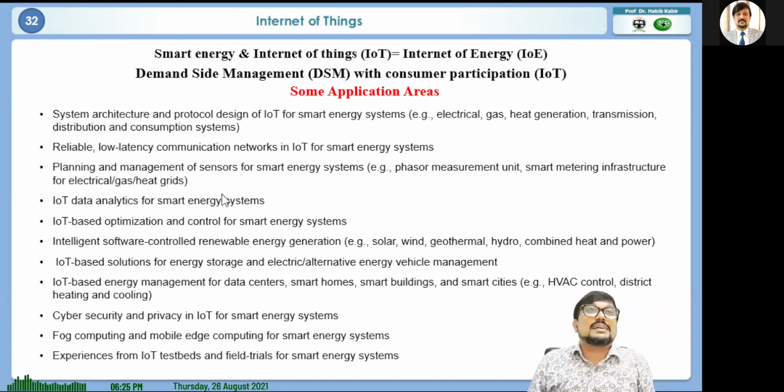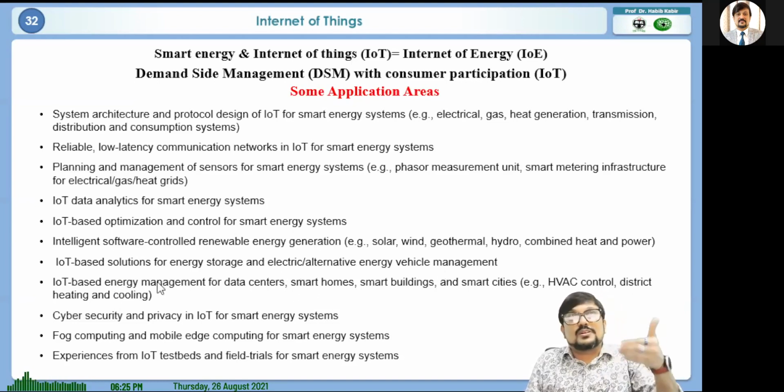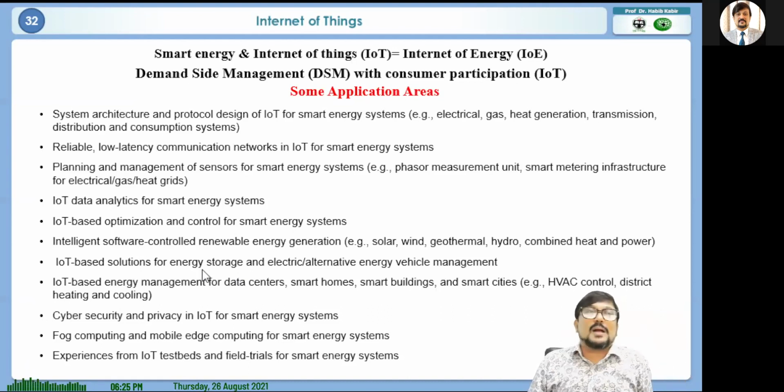IoT data analytics for smart energy systems, IoT based optimization and control for smart energy systems, intelligent software control of renewable energy generation, IoT based solutions for energy storage and electrical alternatives. As I told you, the storage solution, the battery ferry that I'm doing here. IoT based energy management for data centers, smart homes, buildings. Here you can use blockchain and other things.